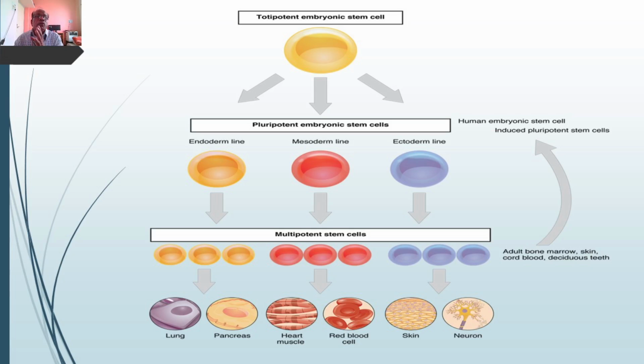Endoderm, mesoderm or ectoderm. So these are the three basic germ layers. These are the embryonic cells or cleavage cells of the embryo, that is the blastula and gastrula.